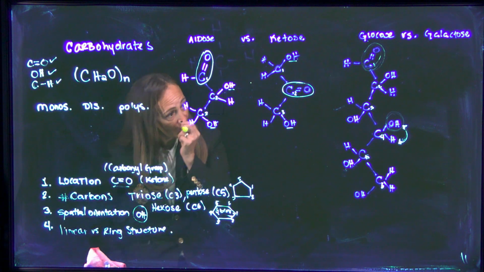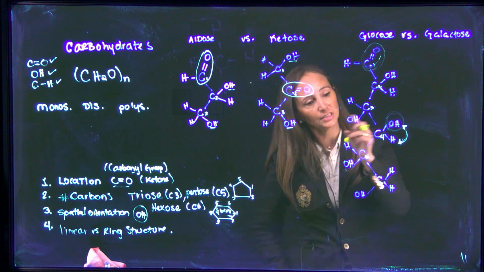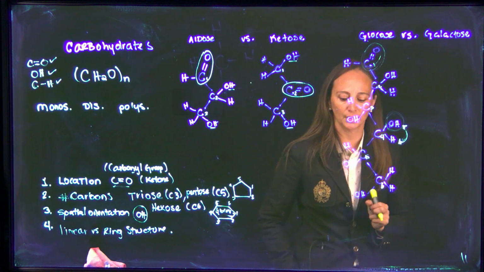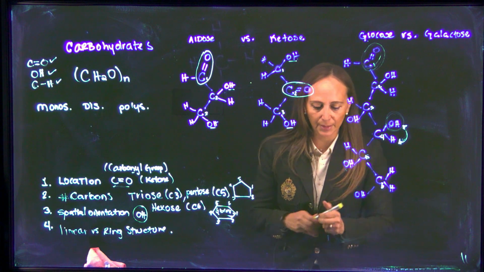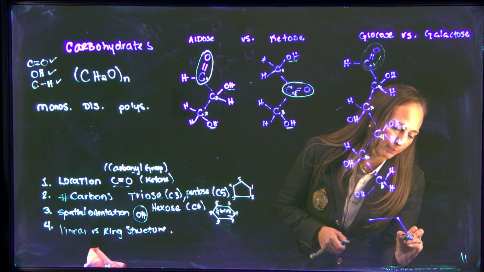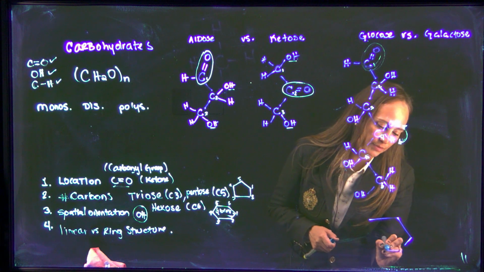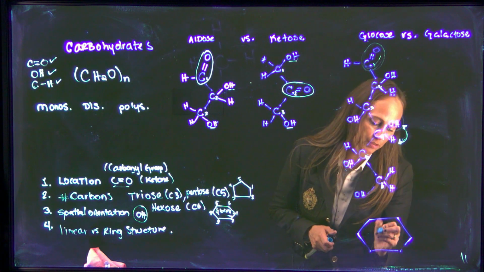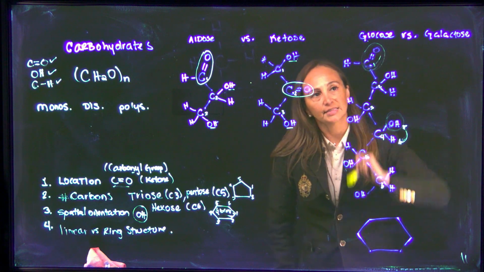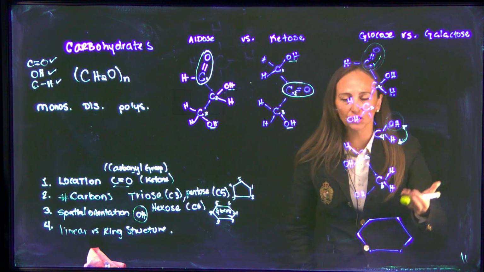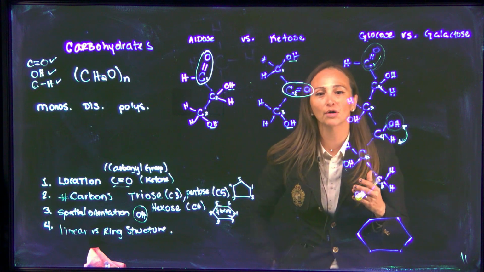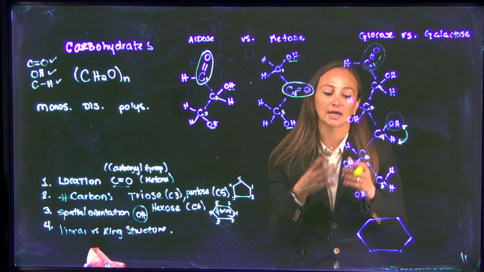So let's just say I take that glucose molecule. Let's forget about the galactose and focus on the glucose molecule. I'm going to draw it very basic, like a hexose type of sugar. When you put these carbohydrate molecules in water, they mostly take a ring structure.